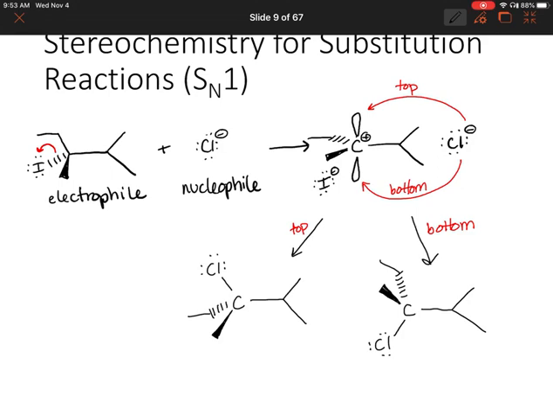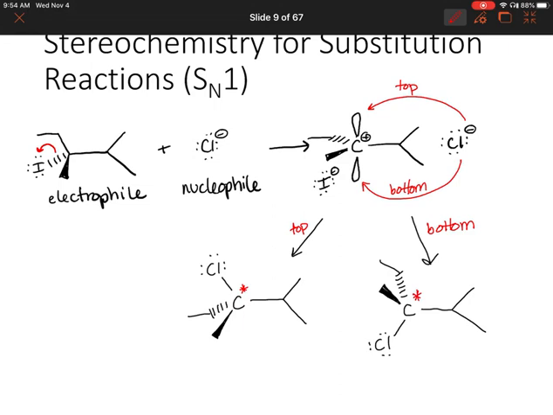Okay, so one thing that I notice is that we do have a stereocenter. So where is that stereocenter in each of our products? So it's on the carbon that is now bonded to chlorine.